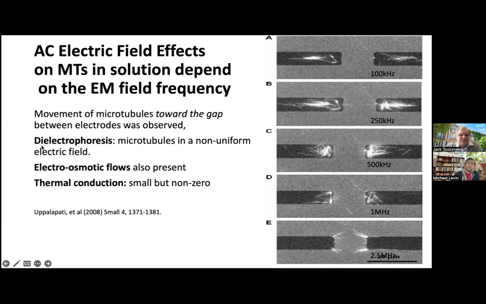And the effects involve dielectrophoresis on microtubules, electroosmotic flows, because there is some electrical gradient formation, and then thermal conduction, small but non-zero. So these three are the main physical effects affecting the orientations and the formation of these.